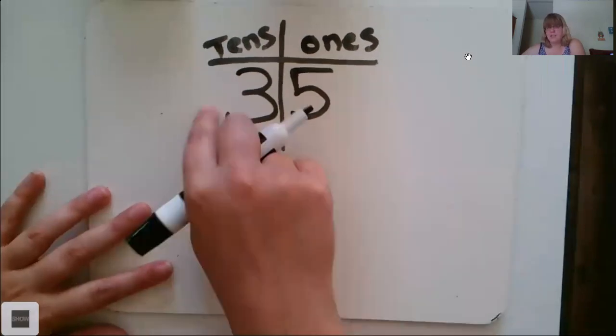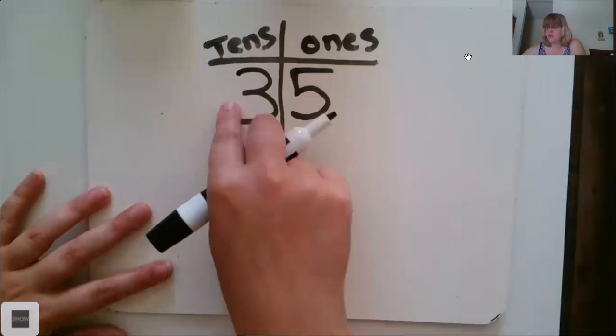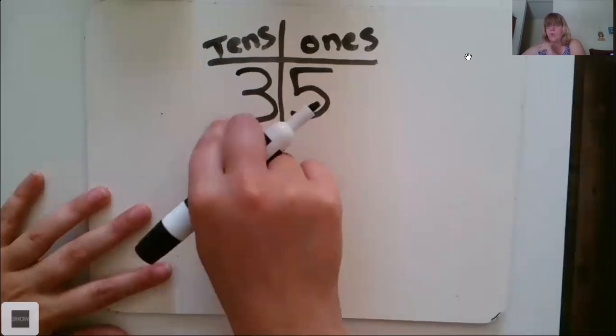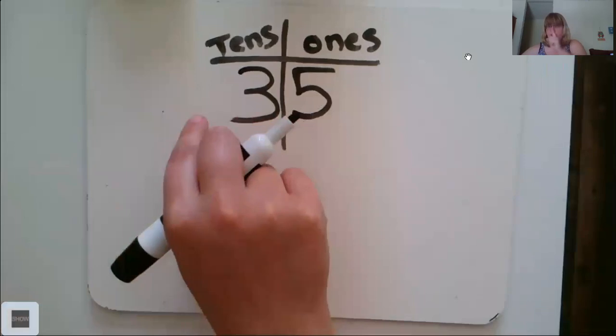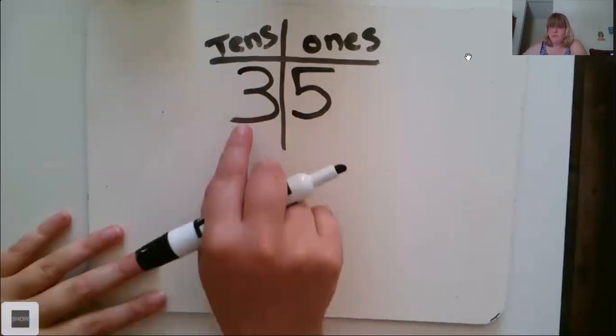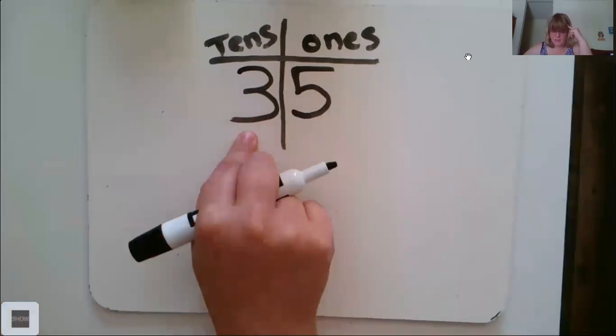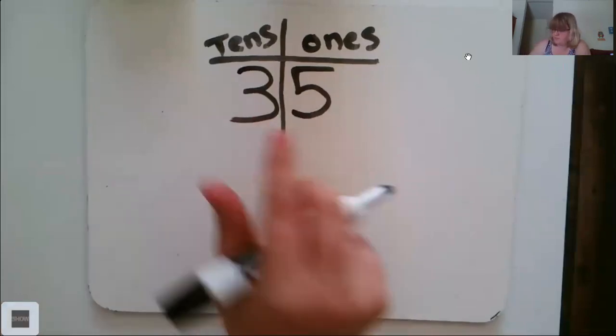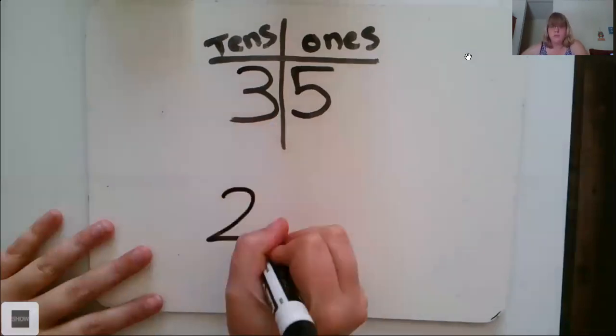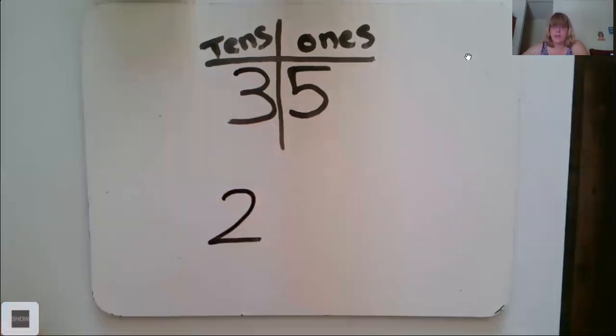The tens place, though, is going to go down by 1 ten. So if we look at that number 3, we can think in our head, I know 3 minus 1 is 2. So I went down to 2 tens.